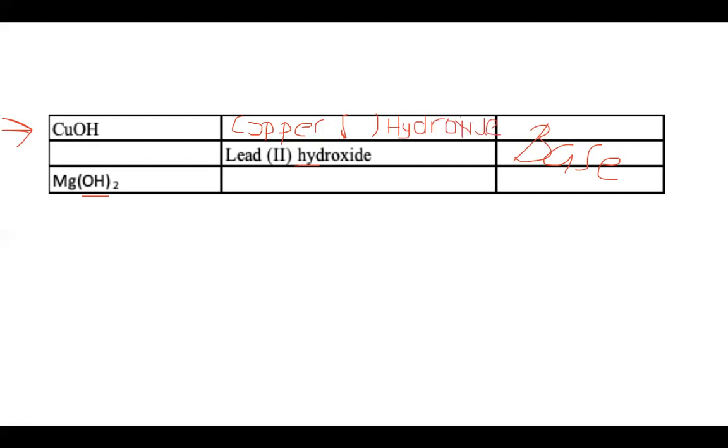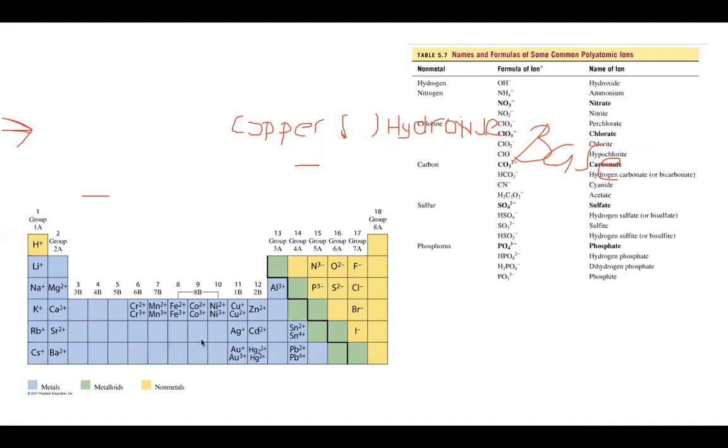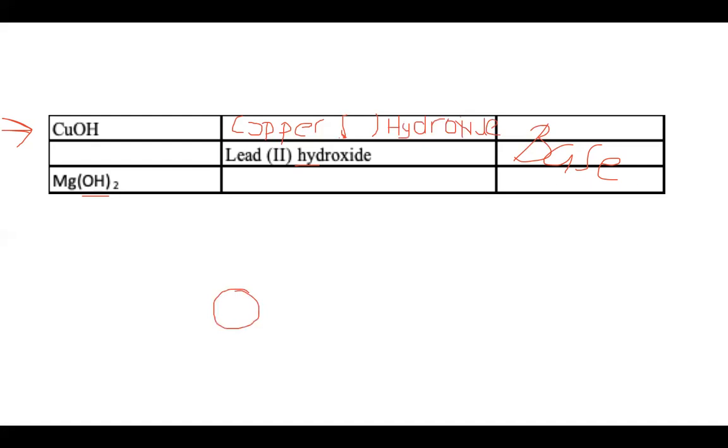If I go to my periodic table, here I have that copper can take two charges. It's either +1 or +2. So I have to define for this example which charge copper is taking. Since in this case we do not have any number indicating a charge of +2, we will add here a number 1.